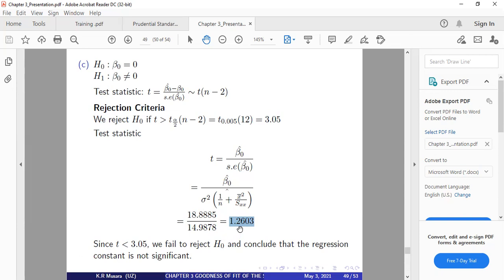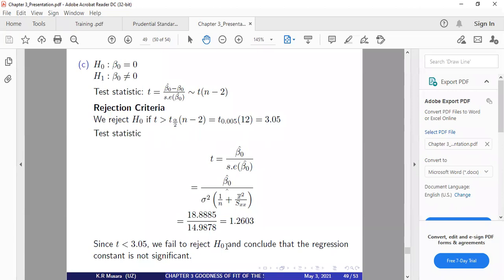So if you compare this value and the one from the tables, we are saying since, we should write, since the absolute value, sometimes we may get a t value which is negative. So that's why I'm emphasizing that in absolute value. So since the absolute value of t is less than 3.05, we fail to reject H0 and conclude that the regression model is not significant. Yeah, it wasn't supposed to have that conclusion. The conclusion is wrong, this one.